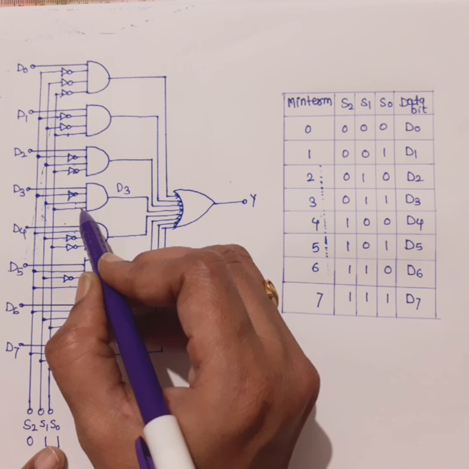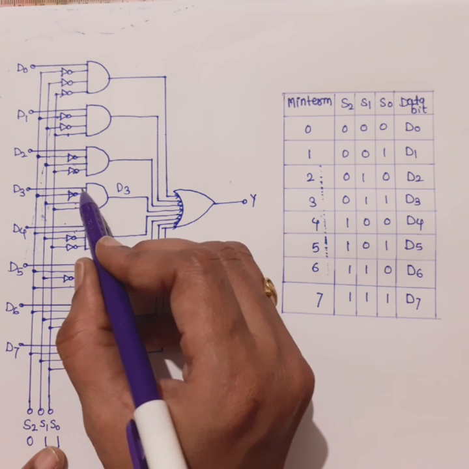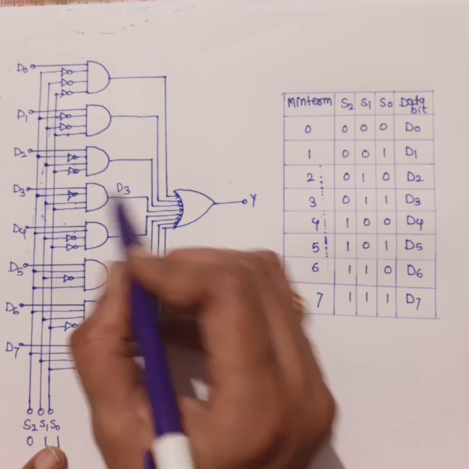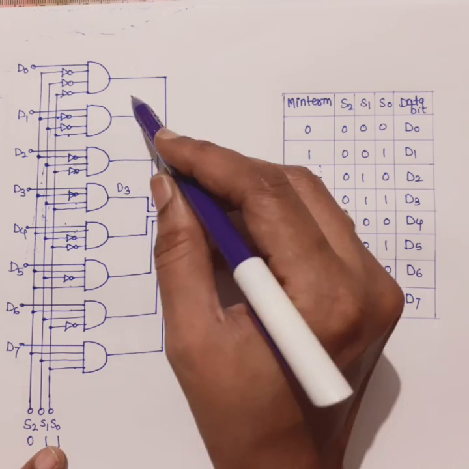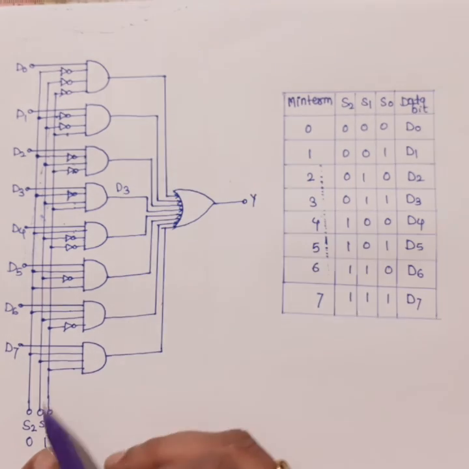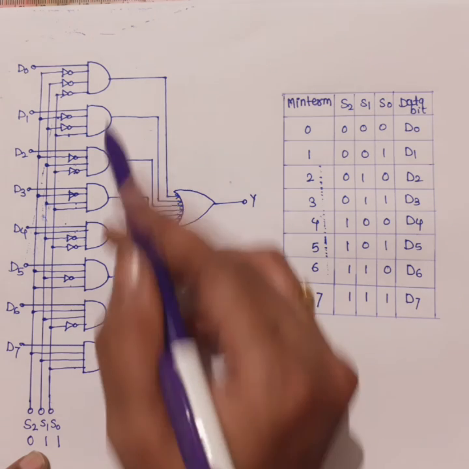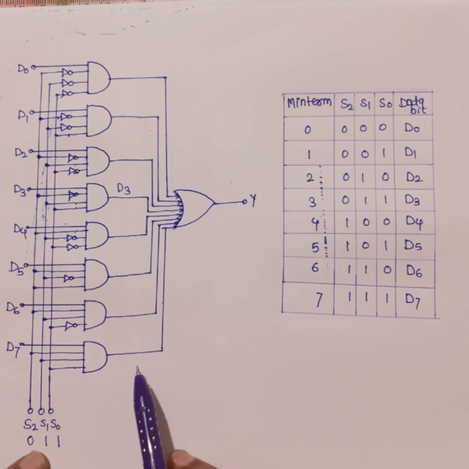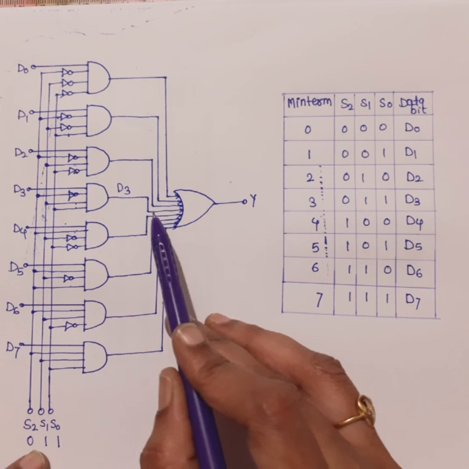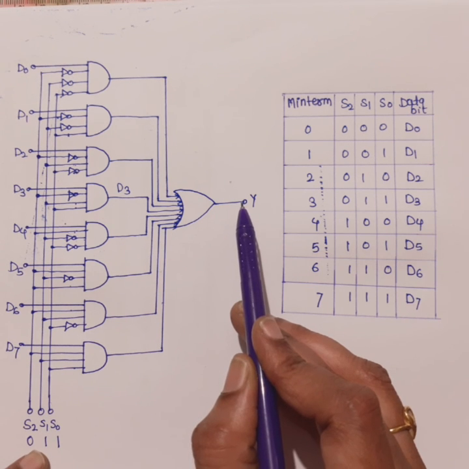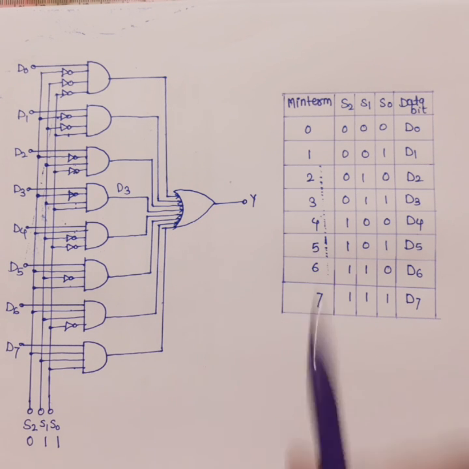So 1 into 1 into 1 will become 1. D3 may be 0, may be 1. D3 into 1 will become D3. With these 0, 1, 1 connections, all other AND gates are going to produce 0 output. So the output of this OR gate will become D3 plus 0, which is equal to D3. So this is the 8 to 1 multiplexer.